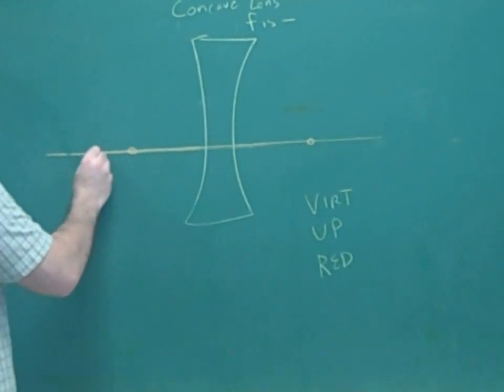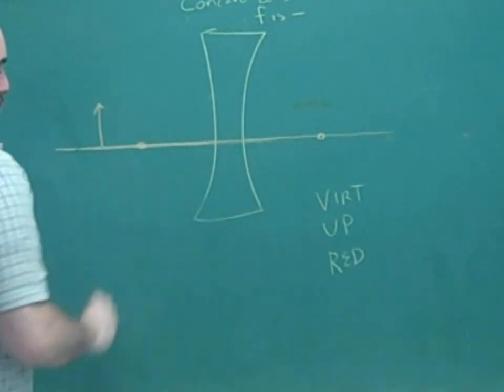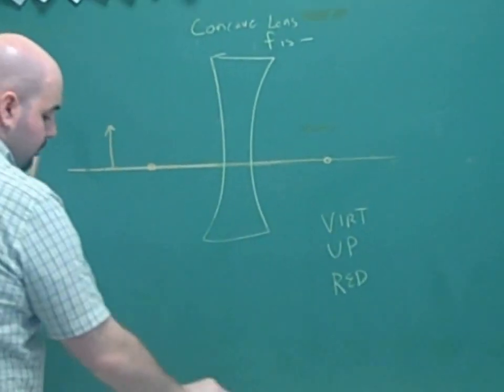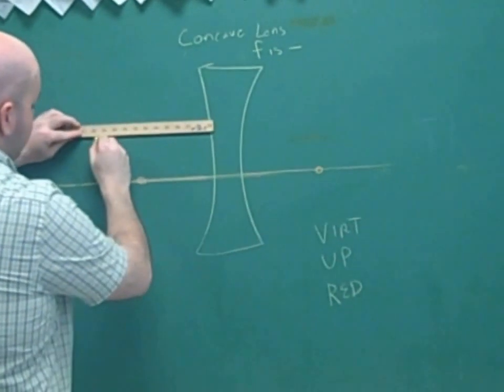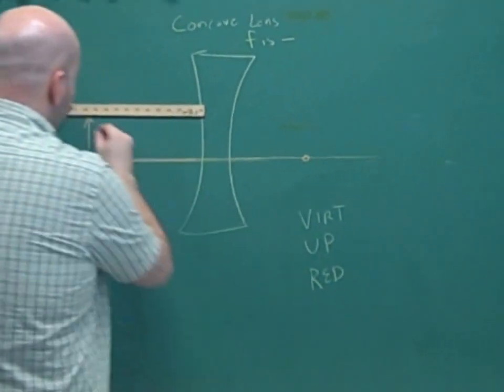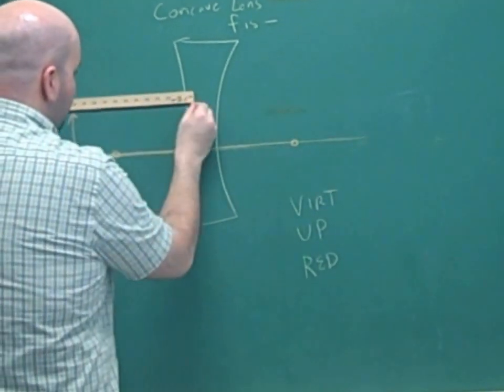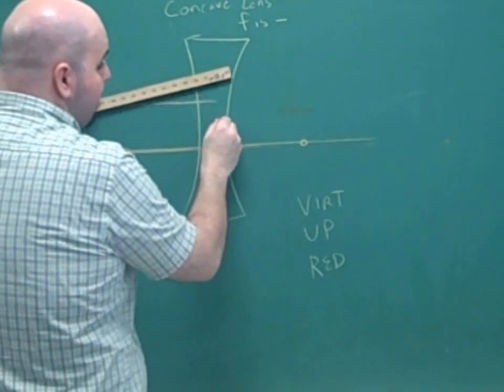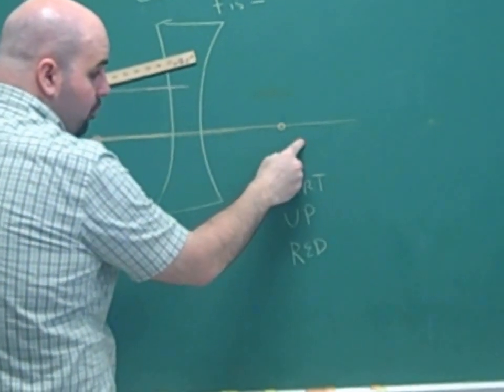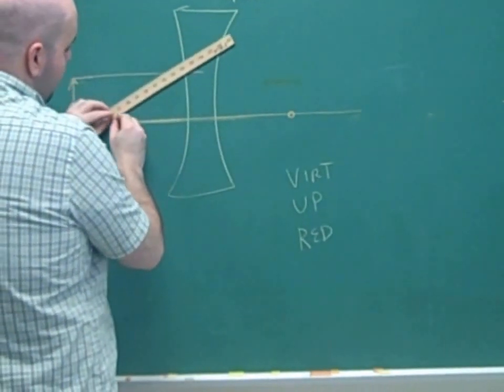And now I'm going to draw my object. Doesn't matter if it's left or right of the focal point, this is always true. First beam. Straight to the middle, and now it's going to scatter. It can't go down to the focal point, it's going to go away from this focal point.